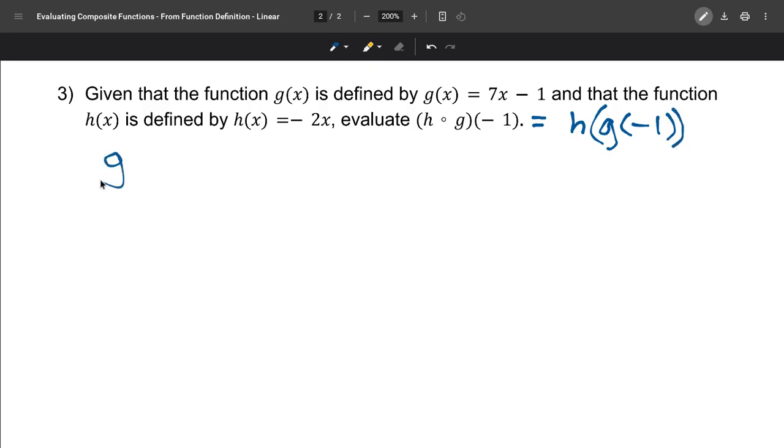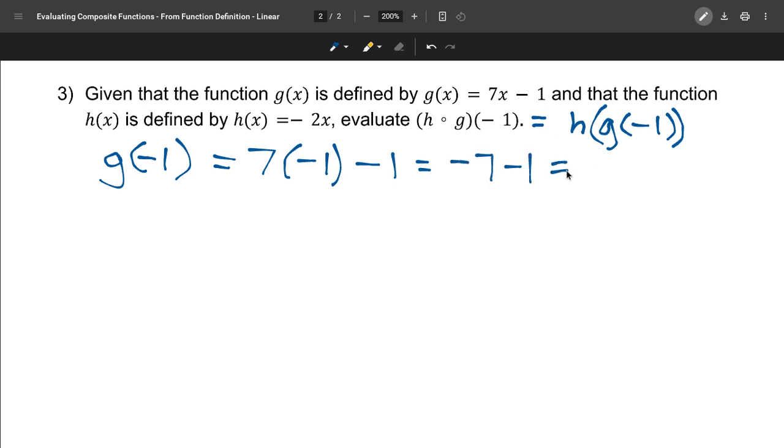So first off, we'll find g of negative 1. That's going to be 7 times negative 1 minus 1. So that's going to be negative 7 minus 1. It's going to be negative 8. Okay, so now we want to find h of negative 8.